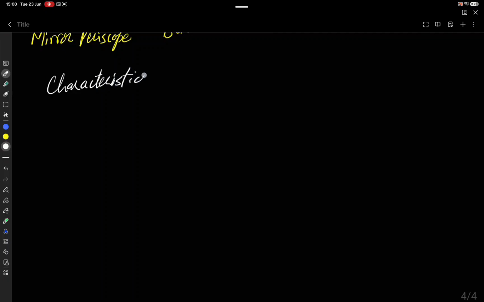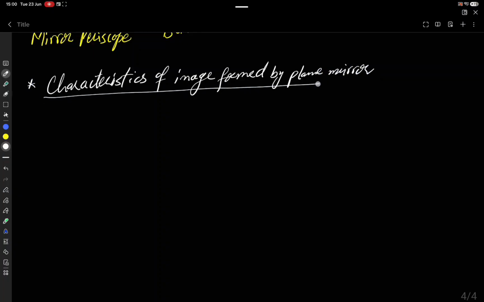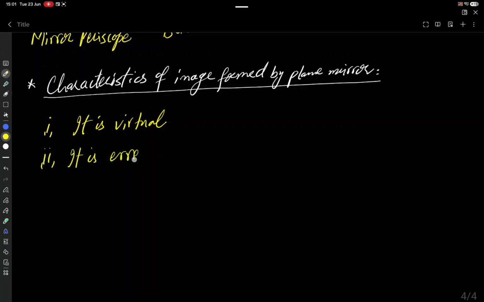Characteristics of image formed by plane mirror. Number 1, it is virtual. It is erect or upright.